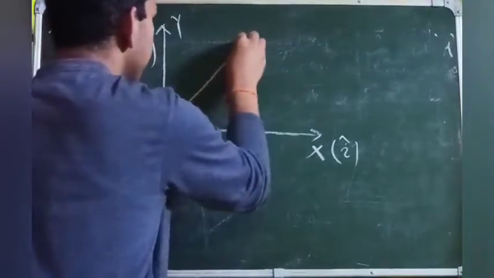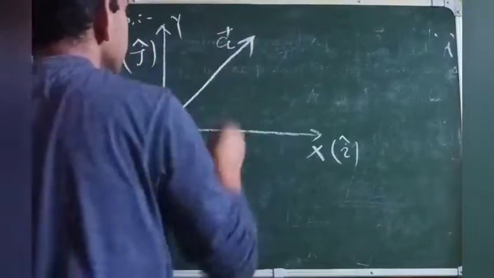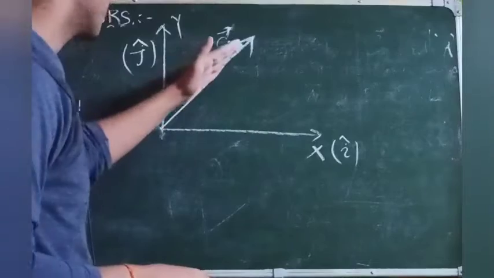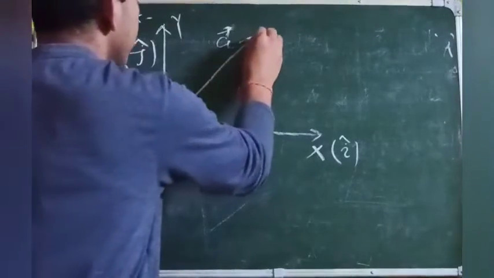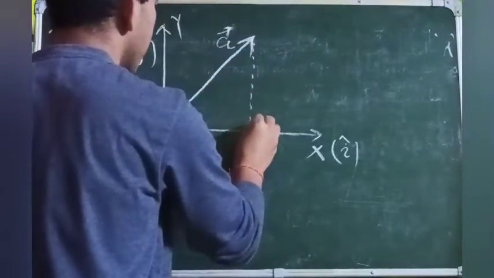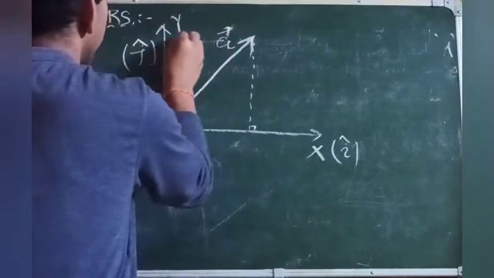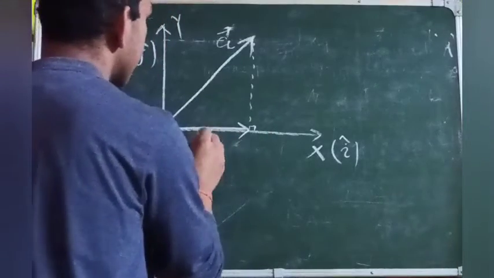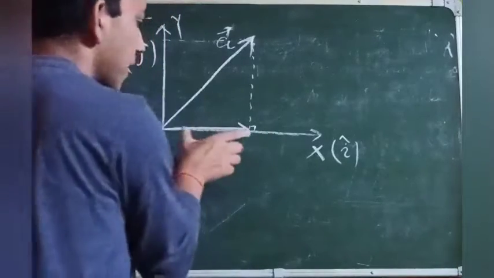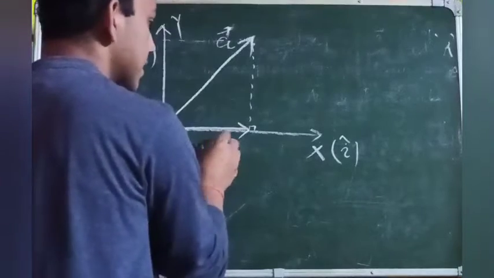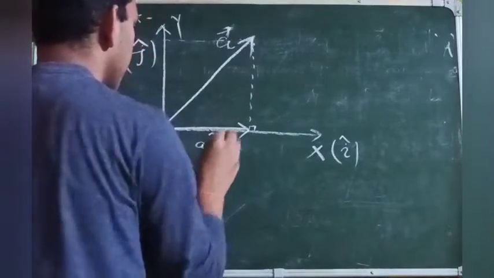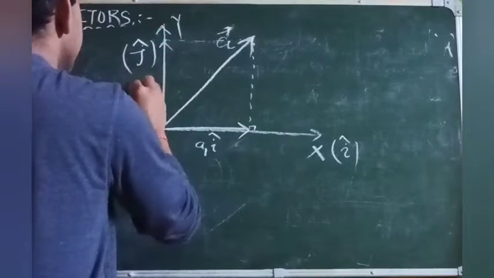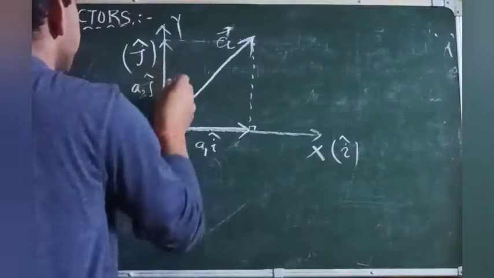Let this vector be a vector. Now, we are going to see its projection on the x-axis. If we draw perpendicular from this point upon this line and from this point upon this line, then this vector is, let us suppose, a1, its magnitude is a1 and its direction is i cap, and this vector is a2 j cap, this portion.